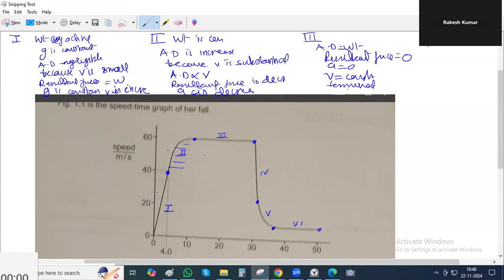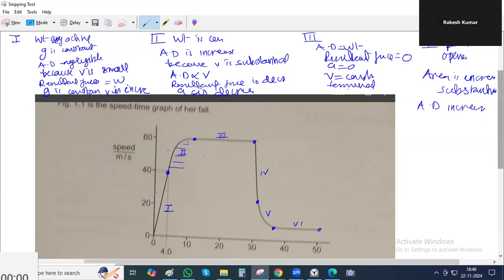Fourth part, you say a parachute opened. Now you say the area increased substantially, and air drag increases substantially.